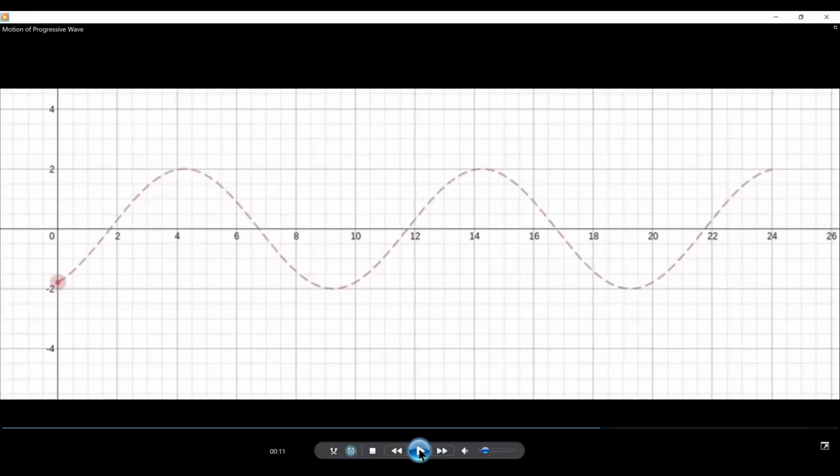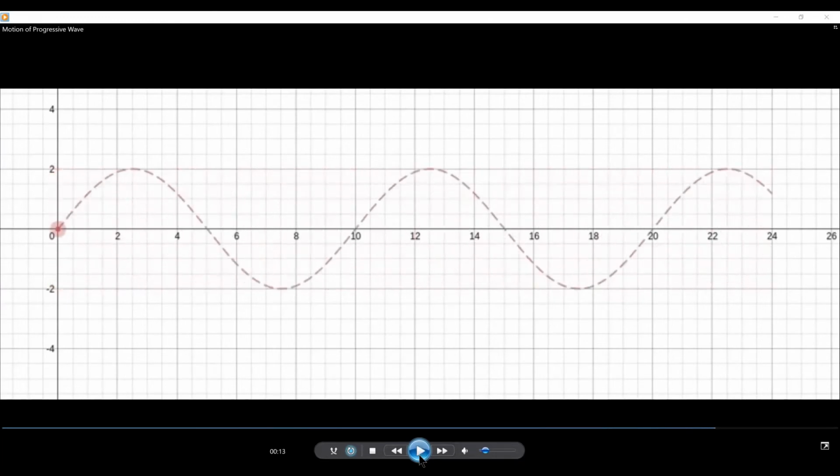Okay, so right now I show you again that little animation that I've been using since the beginning of this lesson. Okay, so that wave profile that you just saw in your question looks like this right now. Particle x is here. All right, they told you particle x is this point here.